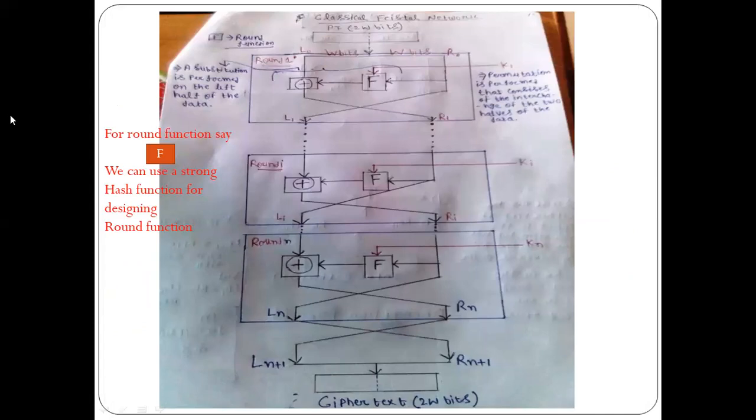This is the basic structure for the block cipher technique, and when we use this kind of technique, we can surely say that the key size we can reduce, and a sufficient amount of randomness and diffusion, confusion, permutation, substitution we can introduce here.